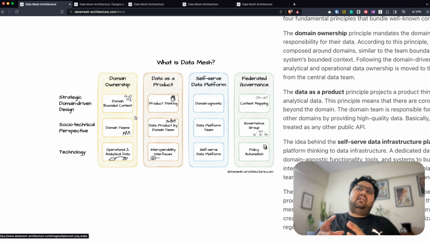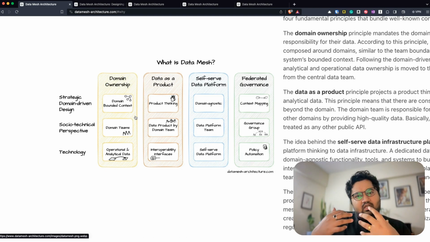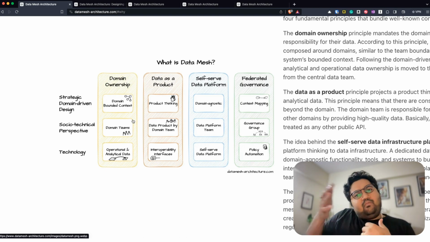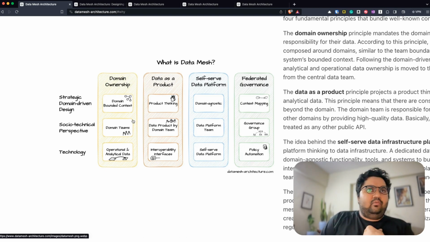Then the evolution of that is data as a product. When you have domain ownership, you also need to think about how your data teams are managing the different views of the data. But you also need to be aware that there are more consumers outside of the domain.